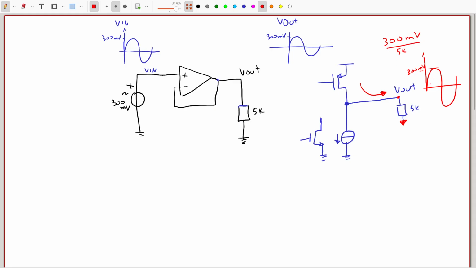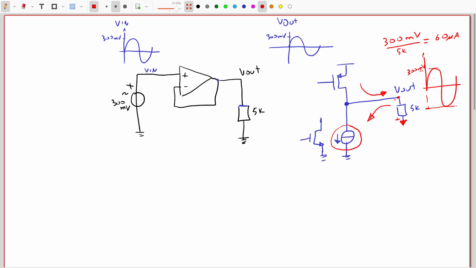Because this is the maximum signal amplitude, and this is equal to 60 microamp. This is the minimum current, and the same if it is going in the other direction, then it will produce a plus minus voltage here. For the negative voltage, it is going to be the same, minus 60 microamp are going to pass in this direction, meaning that this current source here needs to be at least 60 microamp so that it can produce this negative voltage here.